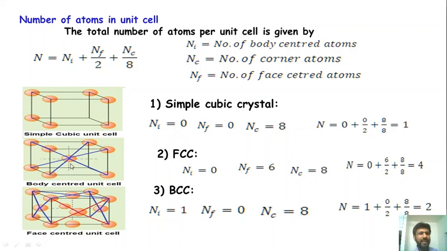That means the contribution of the atoms in this body centered unit cell is 2. So remember how we can determine the number of atoms per unit cell in the case of any type of structure.